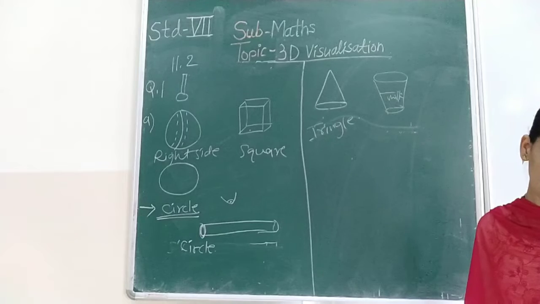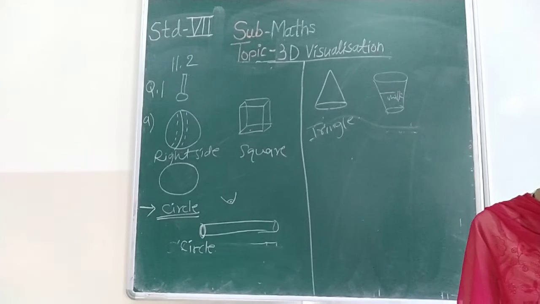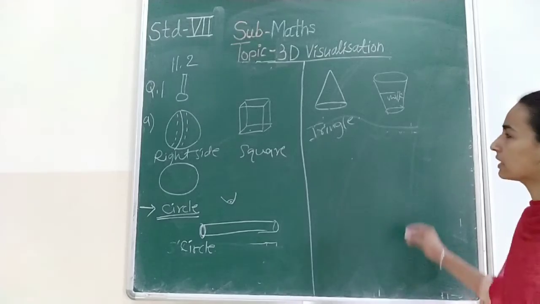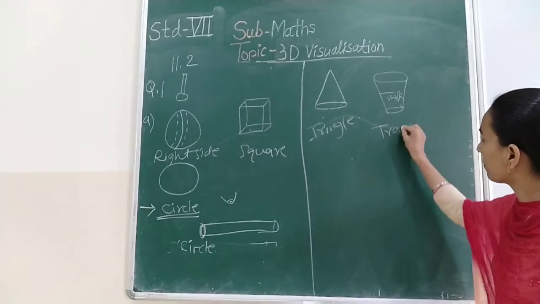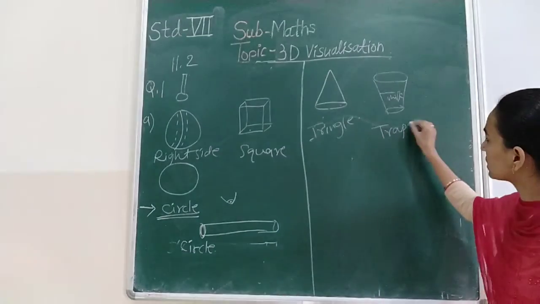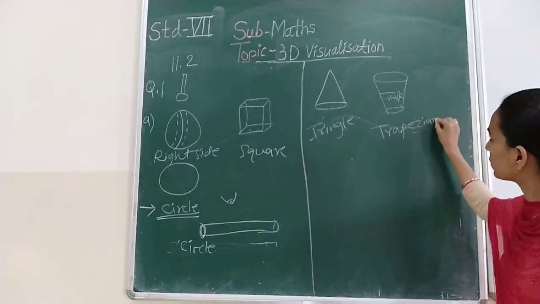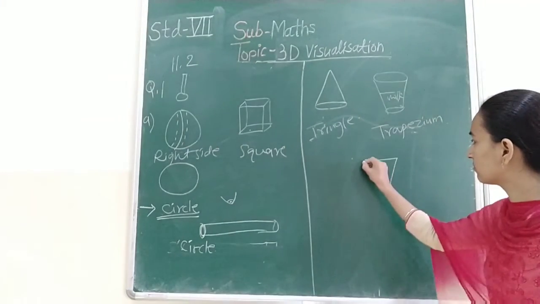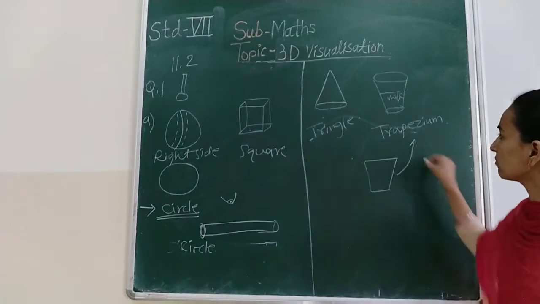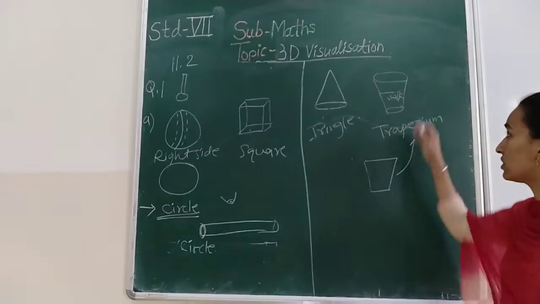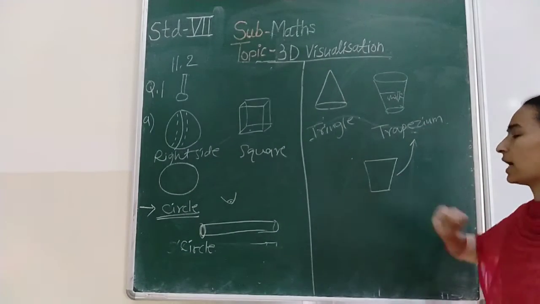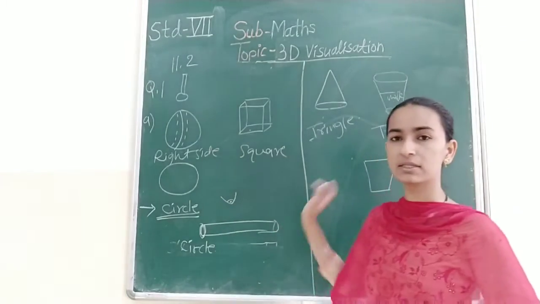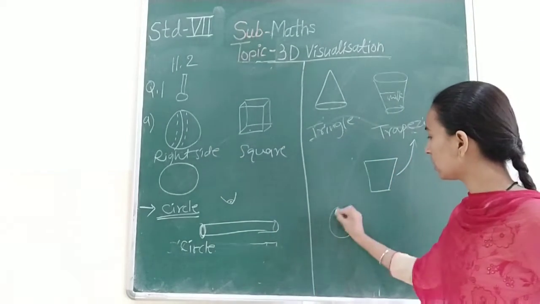How does the milk glass look? It looks like a trapezium. What is the shape of a trapezium? It is something like this. This is called a trapezium. When you see from the right side, it looks like this. And the orange also looks like a circle. Here is the orange.